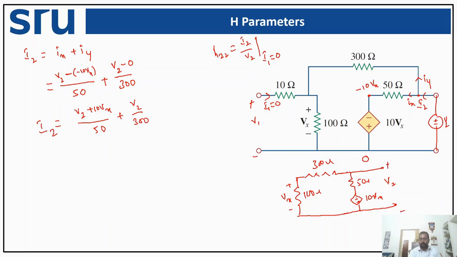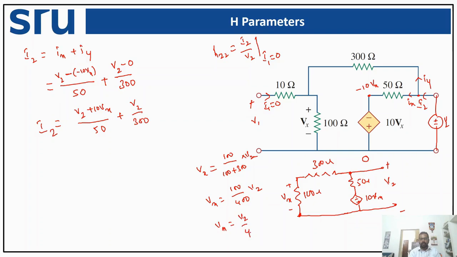So V2 is applied across these two nodes. So voltage V2 is getting divided among the 300 and 100 ohm resistors. But what is the voltage across 100 ohm? It is Vx. So by applying our voltage division rule, we can find the value of Vx as the value of resistance across it, that is 100 divided by 100 plus 300, into V2. This Vx is nothing but 100 divided by 400 V2. So Vx is nothing but V2 by 4.